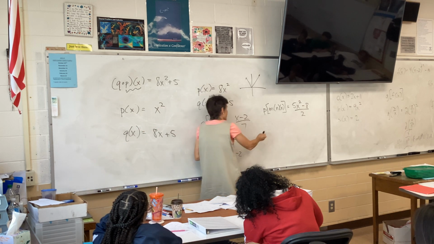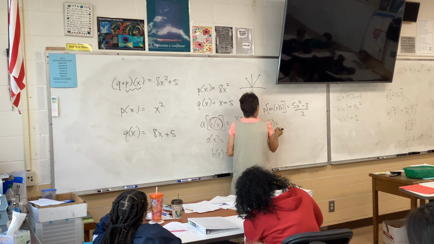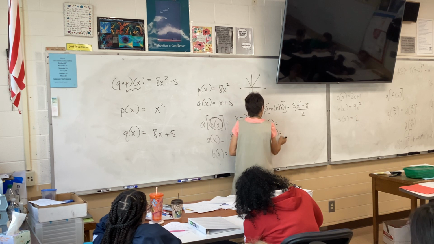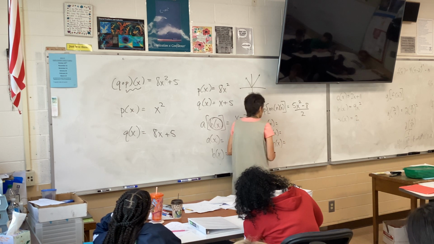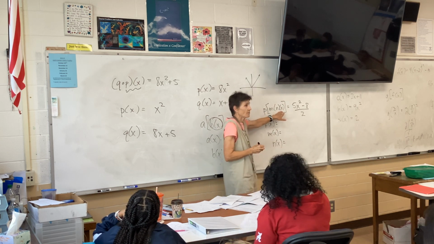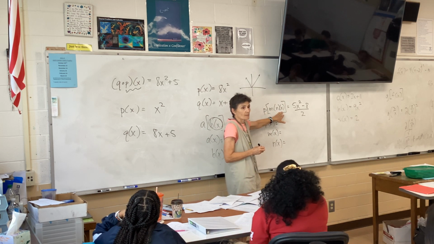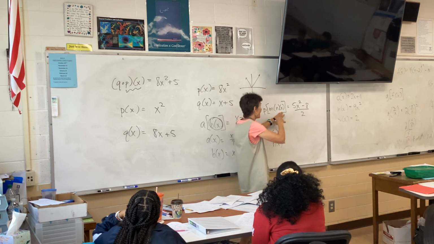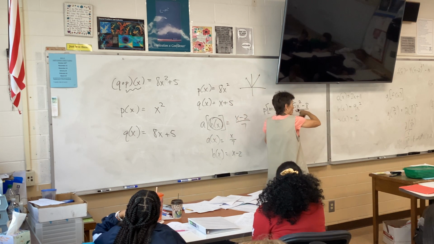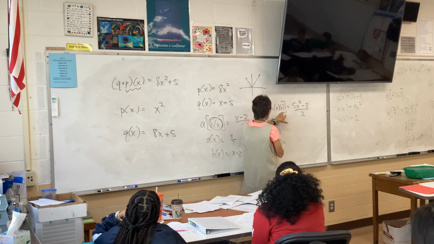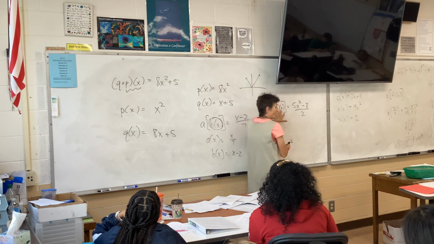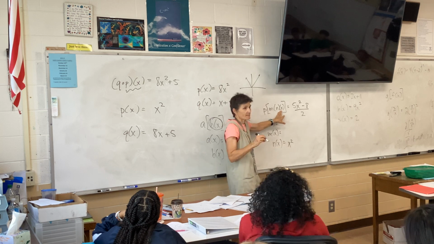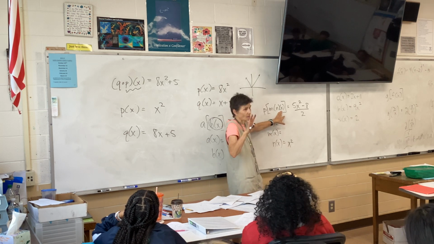I'm going to find P and M and N, and I have to start with N. So what's the first thing that has to happen in this problem? Square. So I'm just going to let N be the squaring. Now you've got choices. There are lots of ways to answer this, but just go with me.